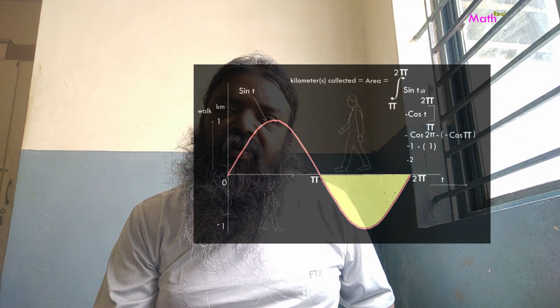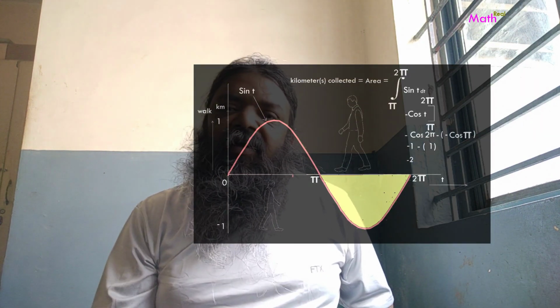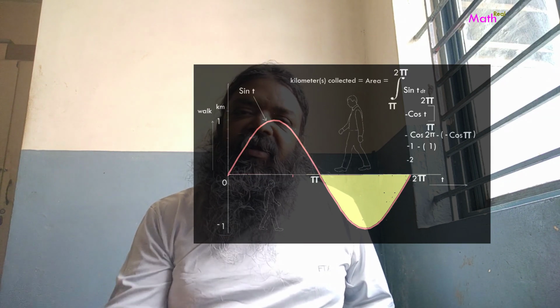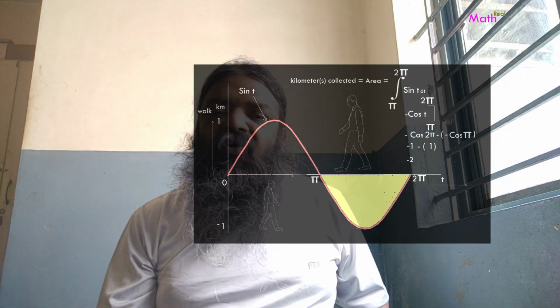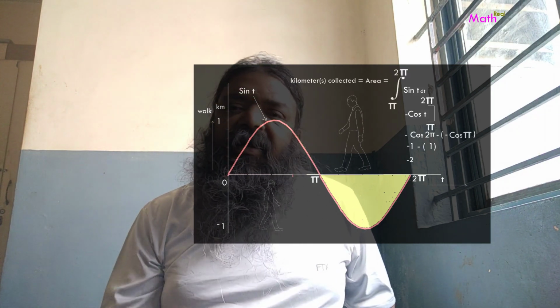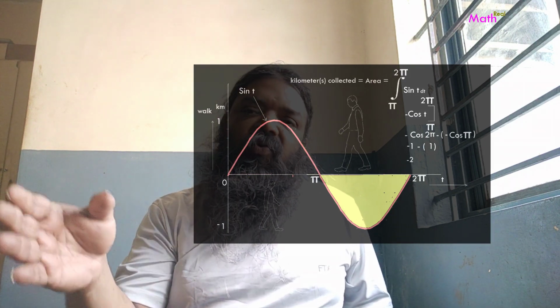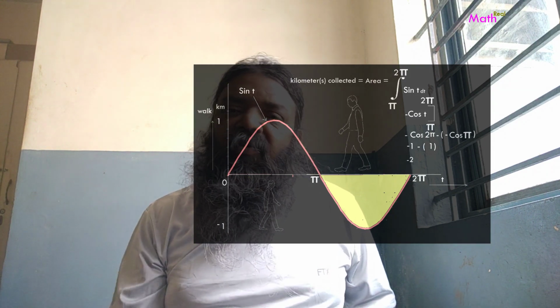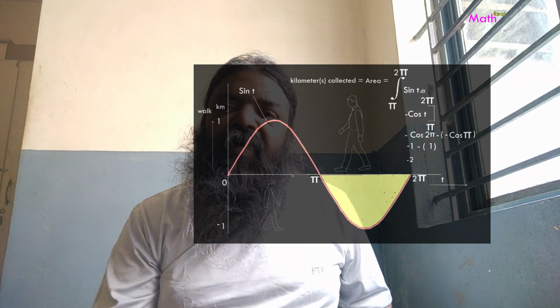What is the total kilometer he collected? What is the total kilometer he walked? So from 0 he started and sine t. Okay. So if I integrate, if I calculate the area from 0 to becoming 1 and then 1 to 0, that area becomes minus cos t.